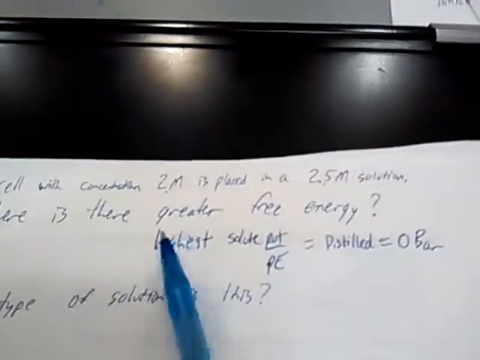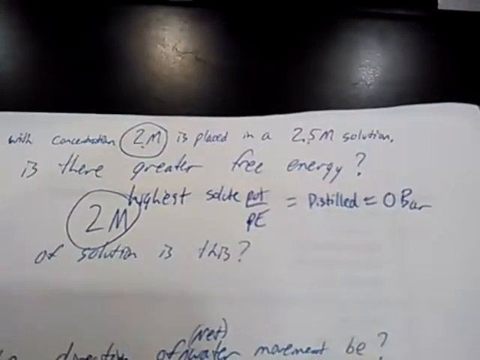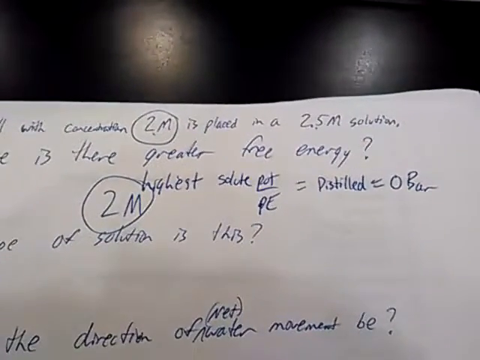Okay, so if the highest is going to be 0 bar, which one is greater out of these two? Well, this one is. The 2 molar, because it's closer to 0. It's closer to having less stuff in it. It is closer to being in an ordered state of emptiness.